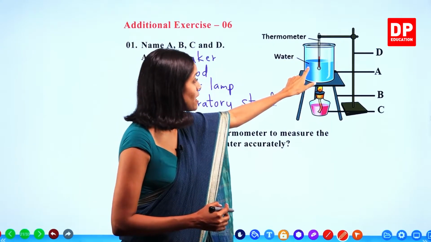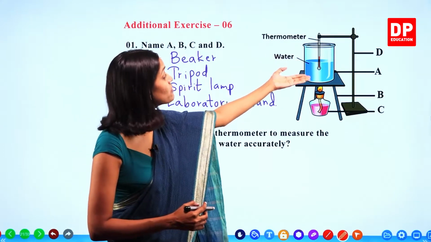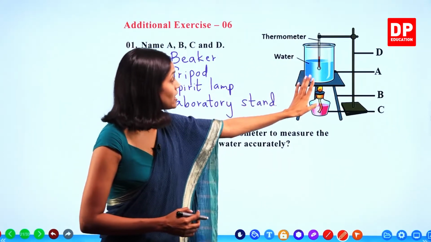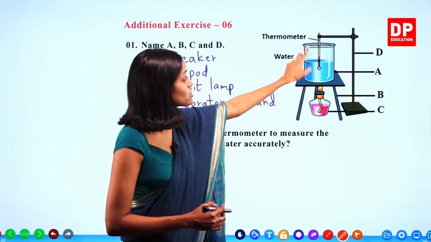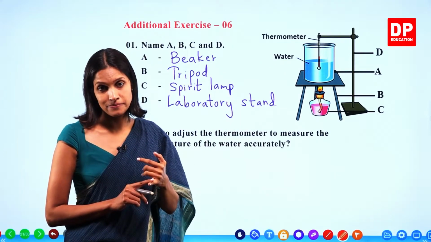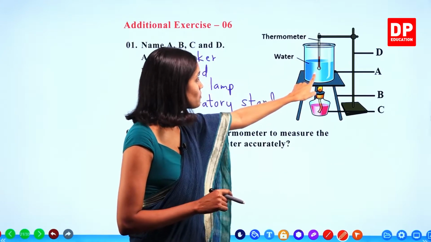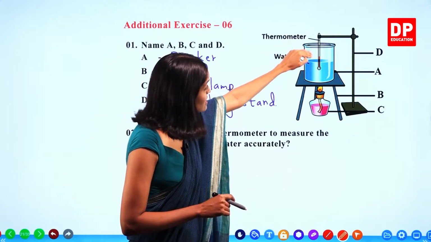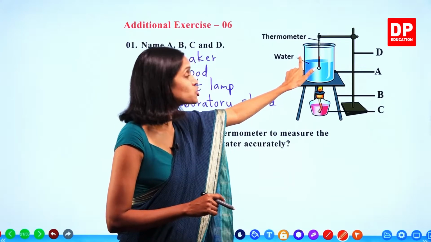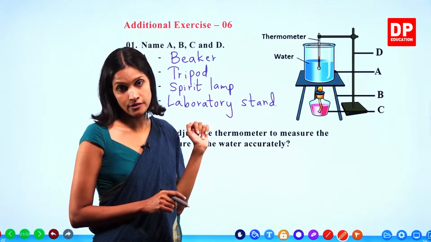Right? So the bulb should be completely covered with the liquid, children. If part of the bulb is outside, the reading won't be correct. Okay? So the bulb of the thermometer should be completely immersed in water. That is number 1. Right? And remember, when we fix this thermometer and when this is inside the beaker, this thermometer bulb should not touch the bottom or the walls of the beaker.